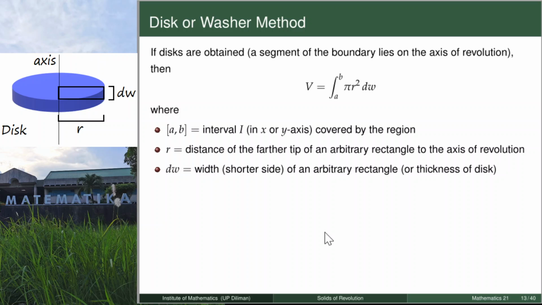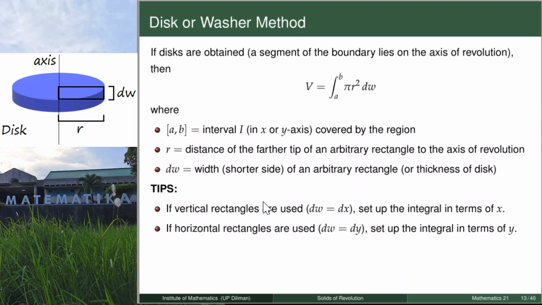So, of course, we know that dw can be either dx or dy depending on what type of rectangle you're going to use. So if you're going to use vertical rectangles, then that means you are dividing the x-axis, meaning you will have disks whose thickness is delta x, and that's why you will use dx.